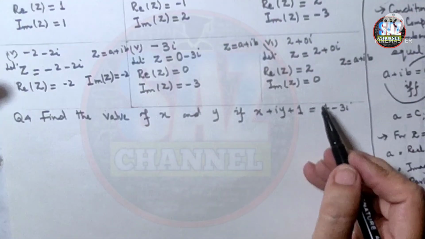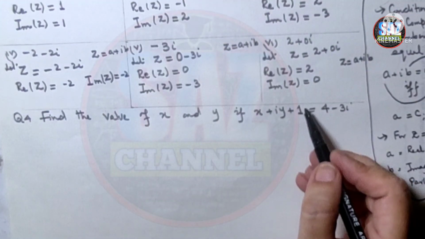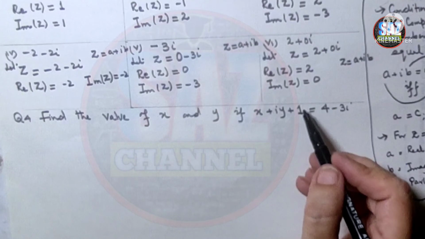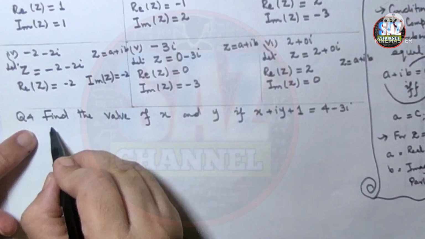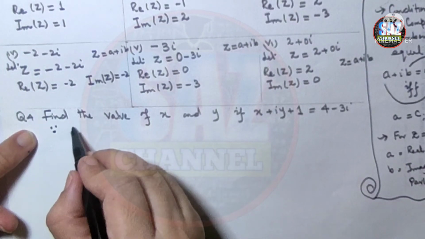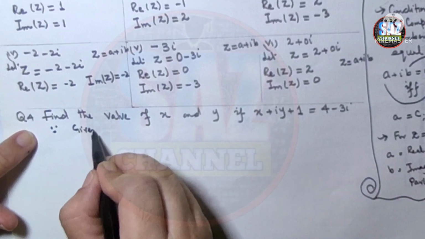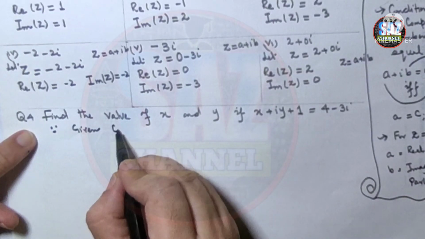As in the beginning, the question says that these two complex numbers are equal.